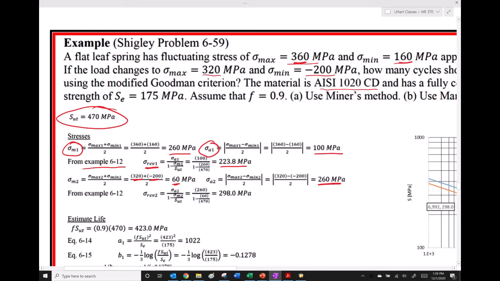By the way, if the alternating was in compression, then we would discard it, because that doesn't count. If you remember way back, if the alternating stress remains in compression, the cracks don't open up, and therefore the alternating doesn't factor into things. So the completely reversed stress is now a little bit larger, 298.